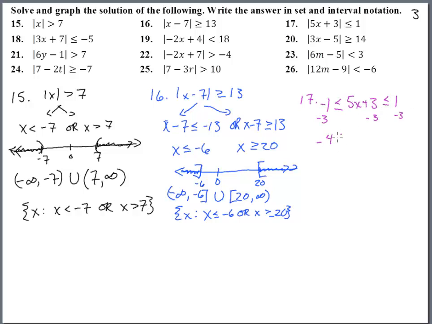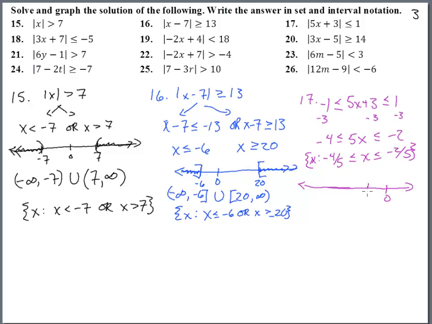So we get -4 is less than or equal to 5x is less than or equal to -2. Divide all sides by 5. Get -4/5 less than or equal to x less than or equal to -2/5. And if we put the little x and the braces right there, that's our set notation. Our graph looks like this.